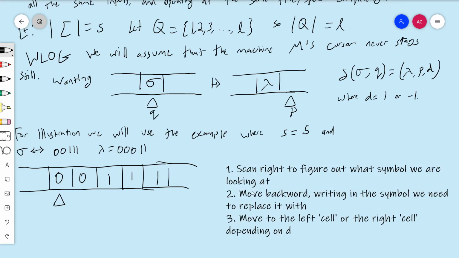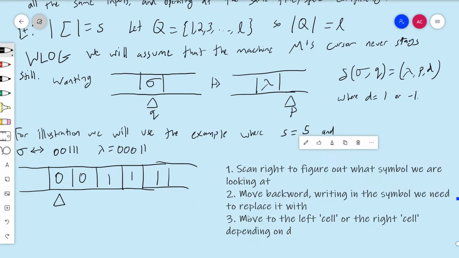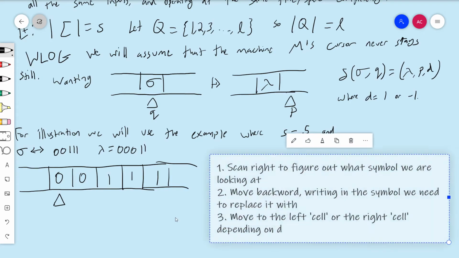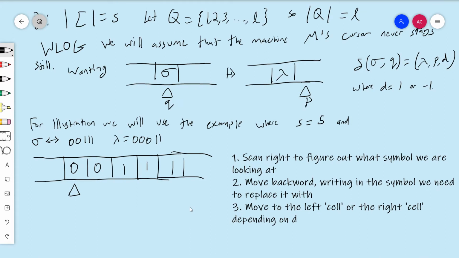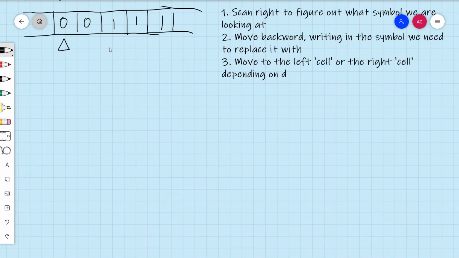So we have a read phase, a write phase, and a move phase. That's kind of the idea. And to do this, we're going to add lots and lots of new states. Still a finite number, but it'll be a lot of states. So let's start with step 1.